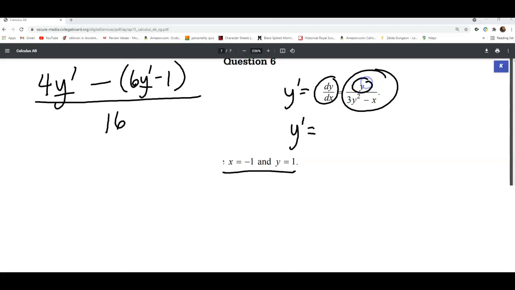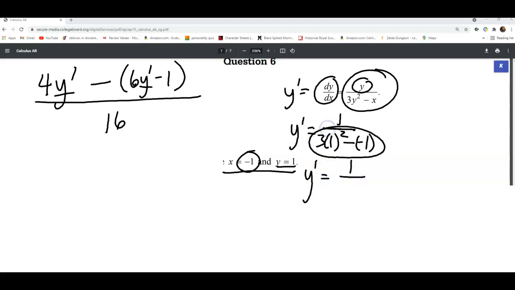I'm going to replace the y with 1 and the x with negative 1. And I end up getting 1 over 1 squared is 1 times 3 is 3 plus 1 is 4. So y prime is 1/4. So now I can come up here and replace the y primes with what I just got.